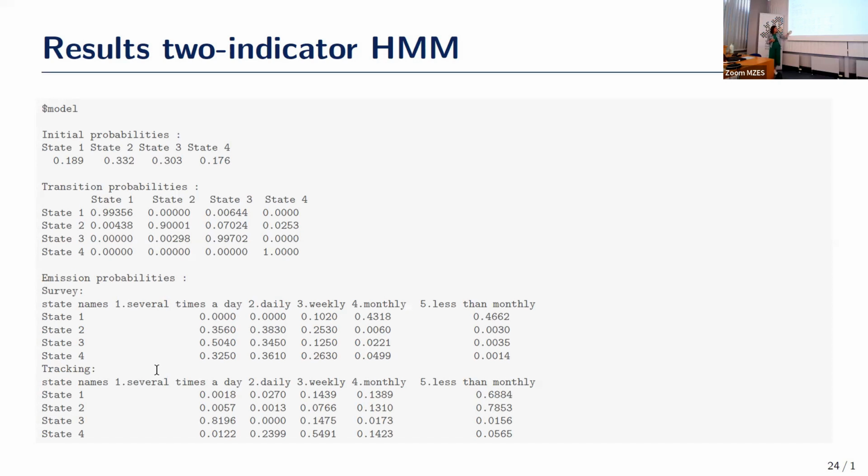But this represents a specific typology of people. They actually use Facebook often, but they are not tracked on all of their devices. Specifically, they're only tracked on their computer and not also on their mobile phone.